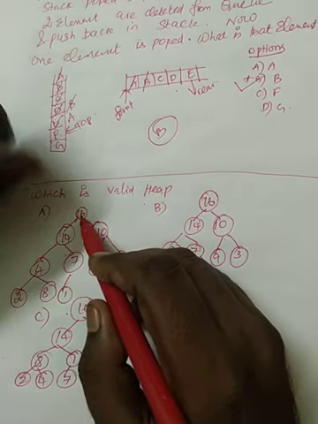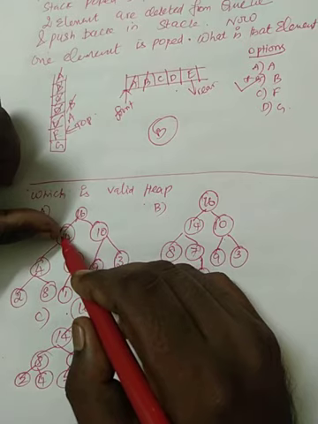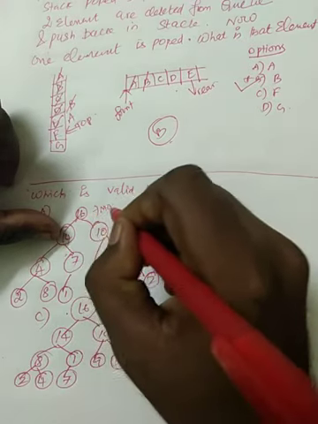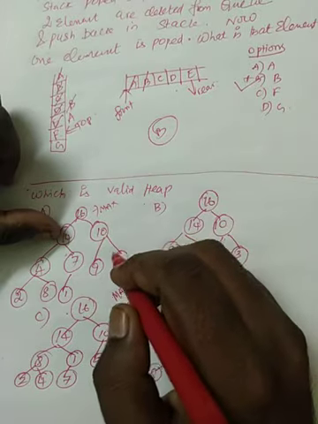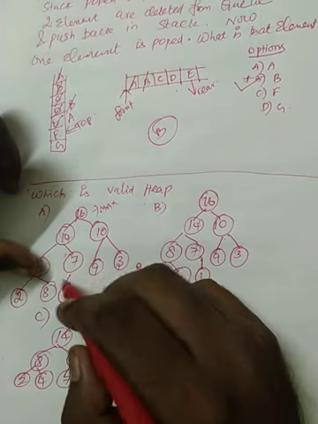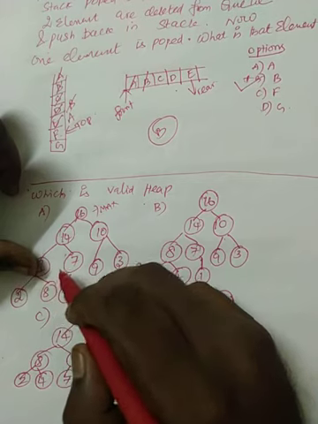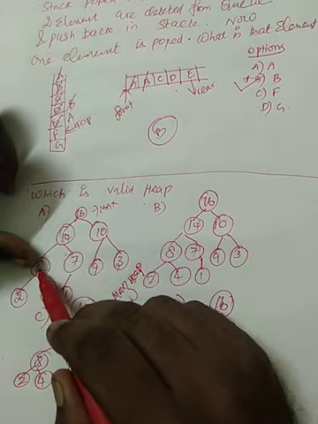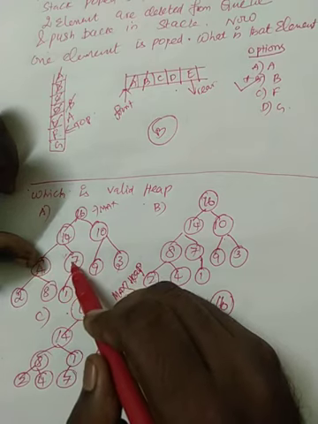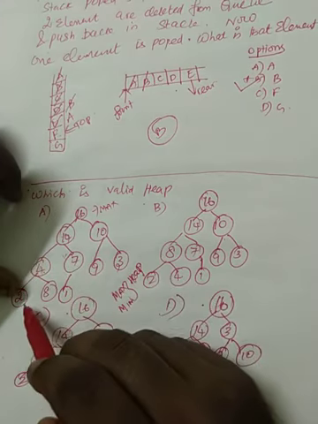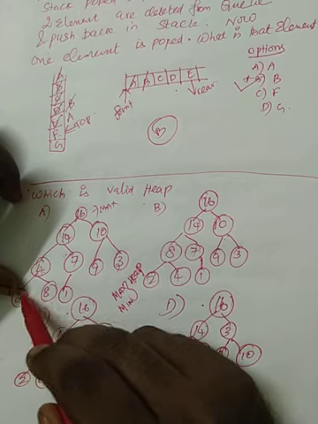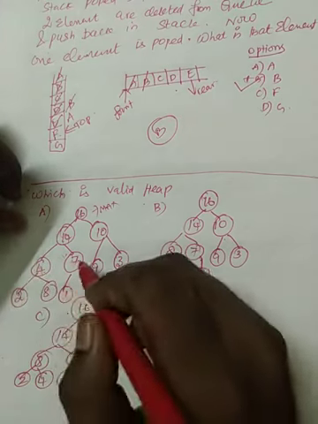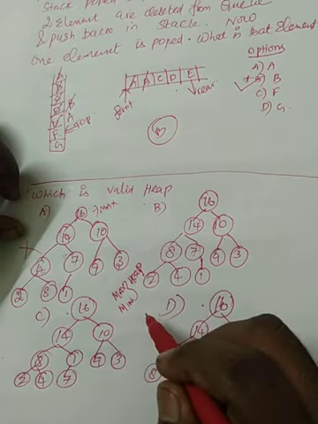16 is here, and less than 16 is 14, so we conclude that this is a max heap. In that case, each and every root should be greater than its children. Now 14 has 4 and 7 less than 14, no issue. Now 2 is less than 4, no issue, but 8 is greater than 4, so it is not a valid heap.